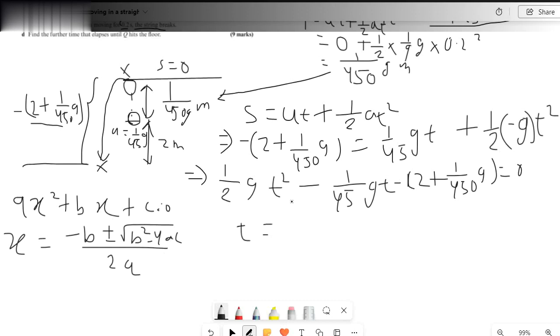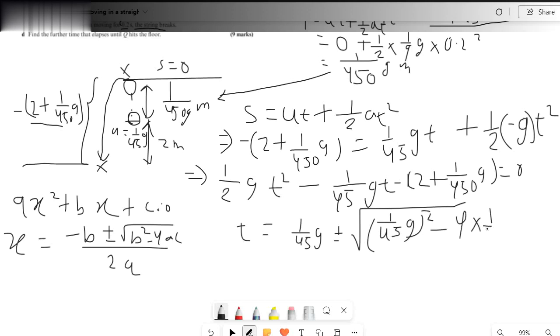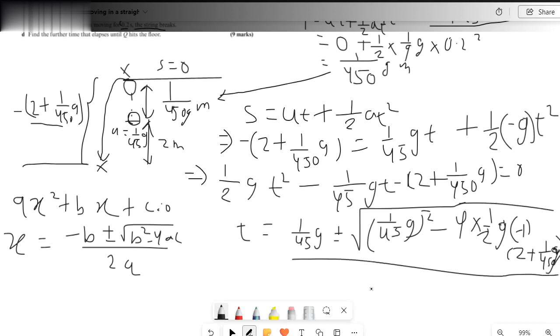So using that equation we get 1 by 45 g, plus or minus root of 1 by 45 g whole squared, because this is b in our equation, minus 4 multiplied with half g multiplied with c, which is minus of 2 plus 1 by 450 g, and so whole divided by 2 into a, which is half g.